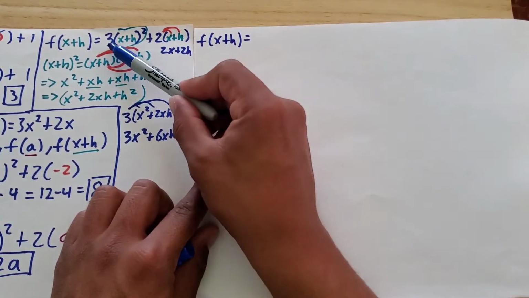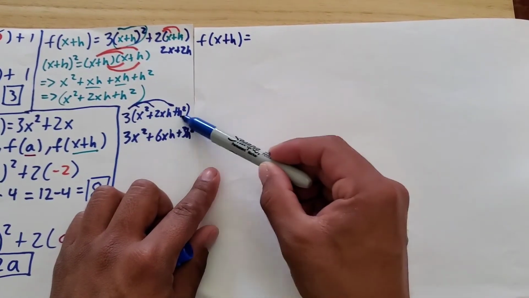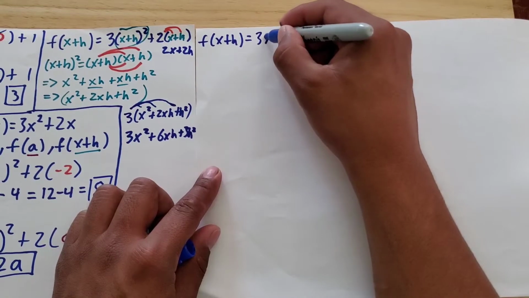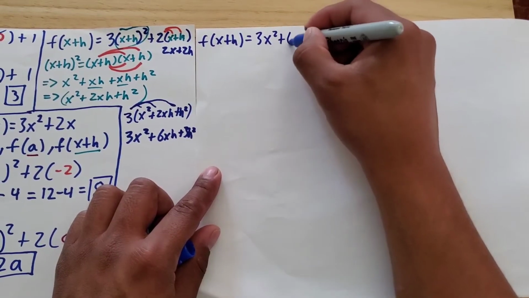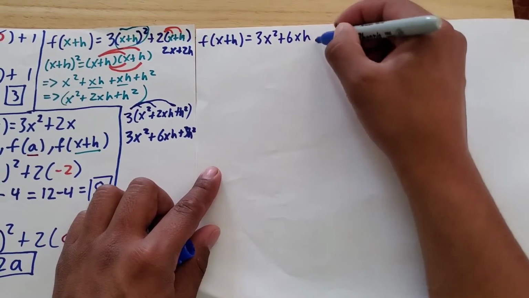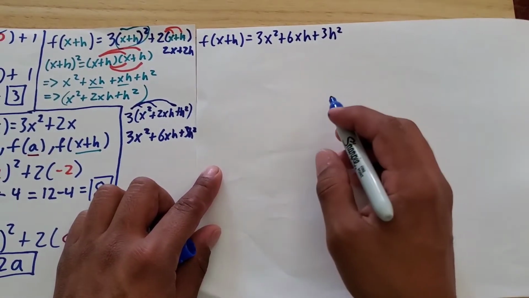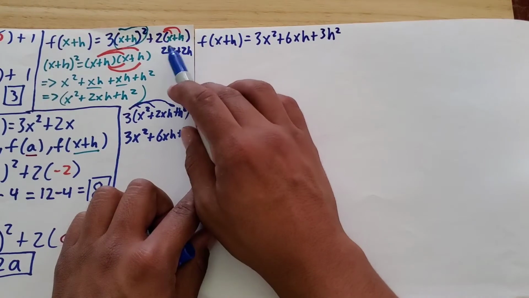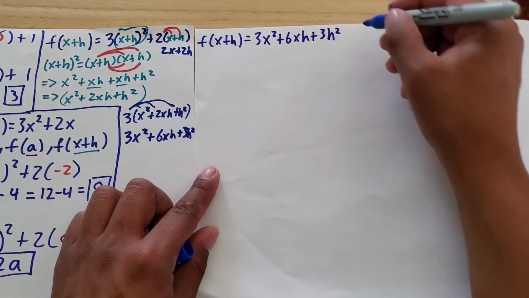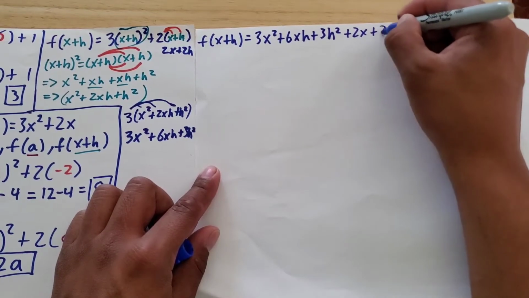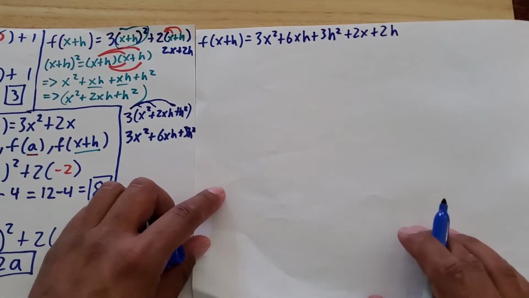And then I distributed the 3 to each one, which left us with 3x squared plus 6xh plus 3h squared. And then we have to just input this part, which is going to be plus 2x plus 2h.